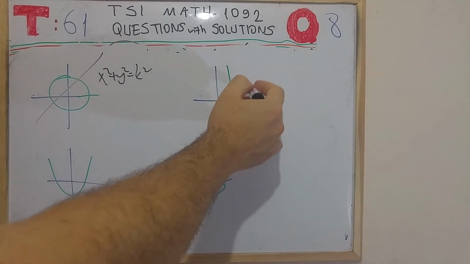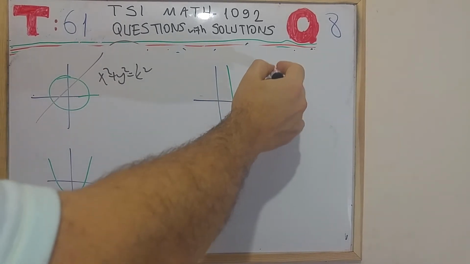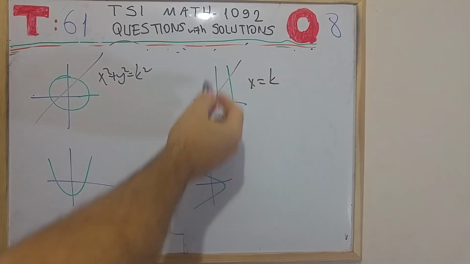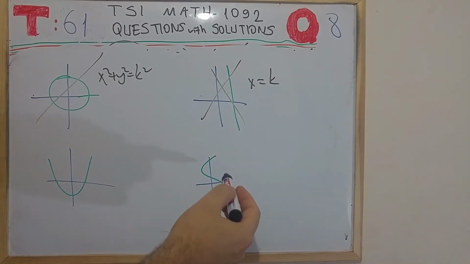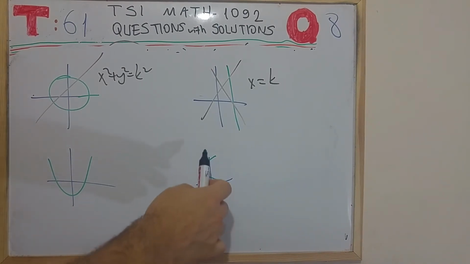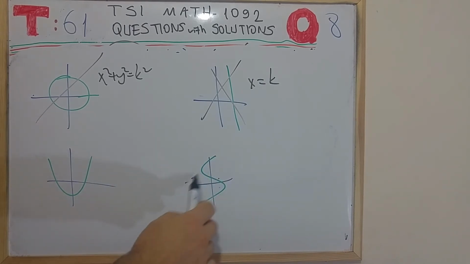And this is something like x is equal to something constant, so this is not a function either. What we have here is something maybe like sinusoidal or cosinusoidal trigonometric, where x is the independent and the y is the dependent one, because it goes back and forth in the y-axis, so this is not a function either.